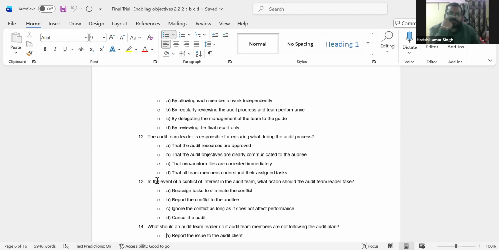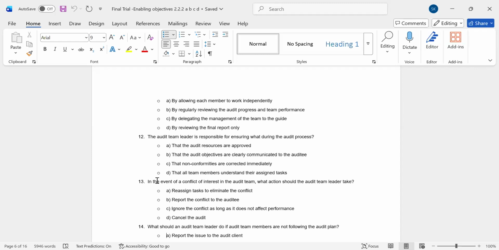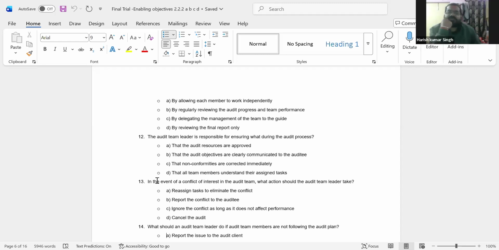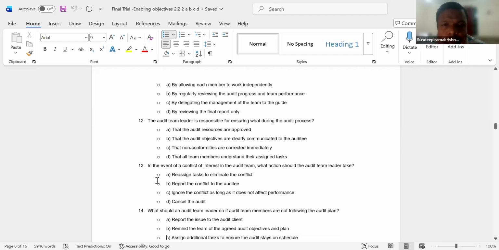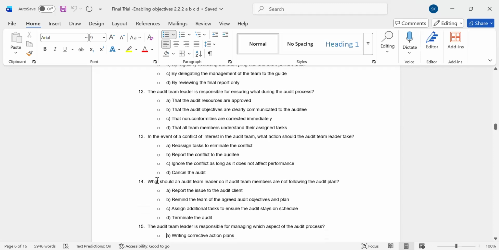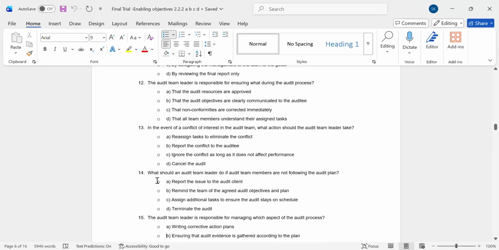So B, sir, that the audit objectives are clearly communicated to the auditee. Why not D? During the audit process. Yes, sir, that only I'm saying. During the audit process, then it will be D only. Okay, D. Anybody else? Any other answer? No, sir. D. Right. Good.